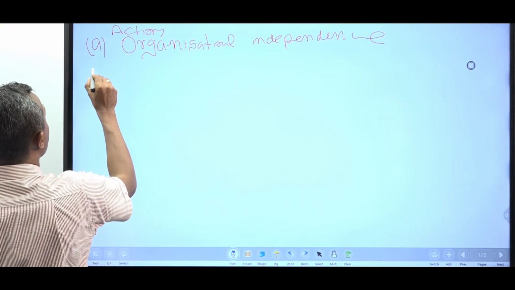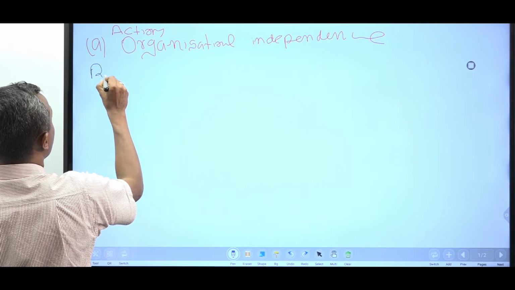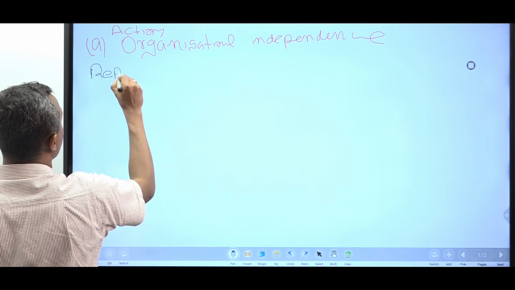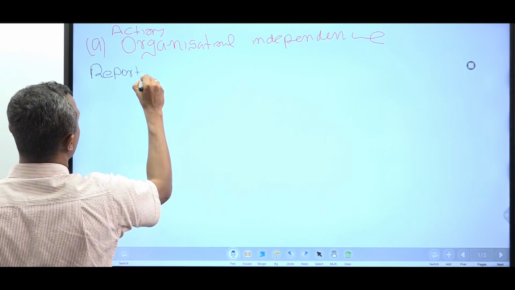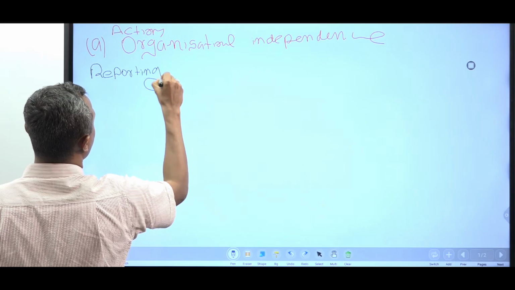So the first thing you need to ensure is reporting in the organization. Please write reporting. So what are we going to write here?